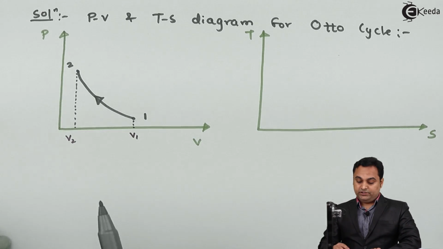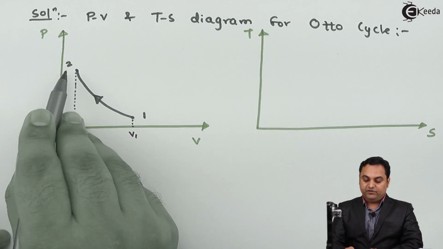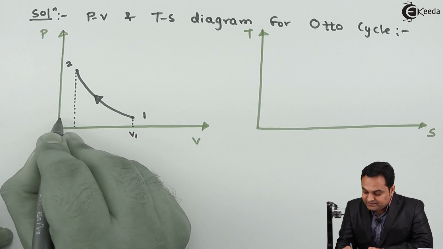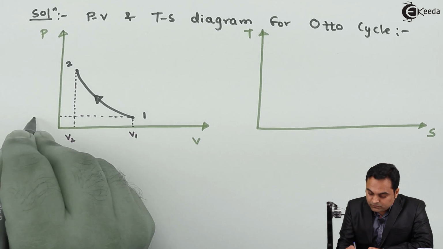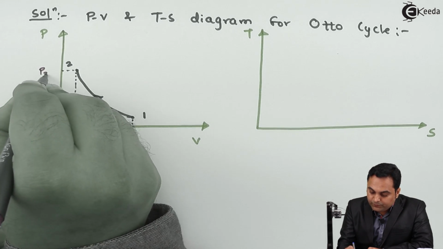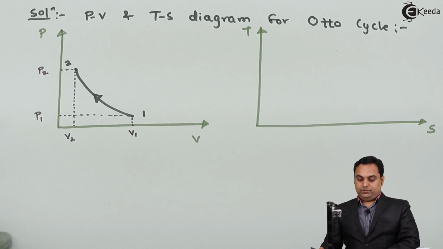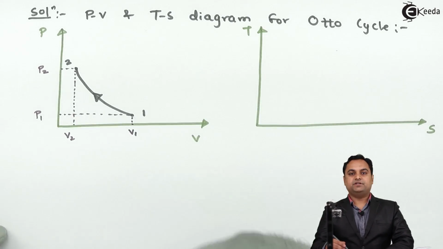During this compression process the volume goes on decreasing from V1 to V2, but there is rise in pressure from P1 to P2. So this is the reversible adiabatic, or isentropic compression.